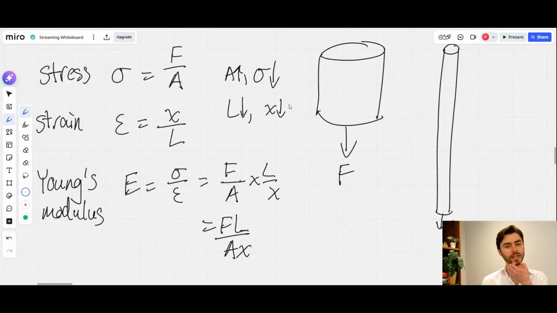That's probably not the best way of explaining it, but that is actually a way of doing this. Because the stress has gone down, and the Young's modulus is a constant, we can rearrange this and say sigma is equal to the Young's modulus times epsilon, the strain. So if the stress goes down, then the strain goes down.